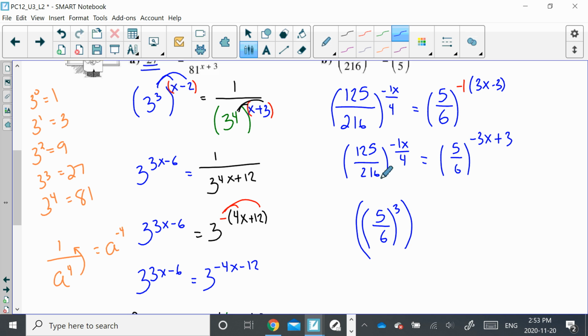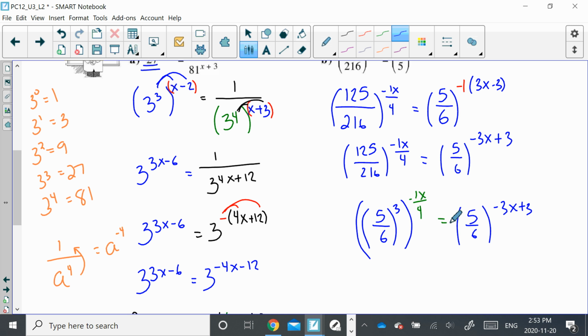So what I've done is reduce this to base 5 over 6, because 5 over 6 to the power of 3 will give you 125 over 216. Outside of my bracket, I still have this negative 1x over 4, and this is equal to the right-hand side, which is 5 over 6, negative 3x plus 3.